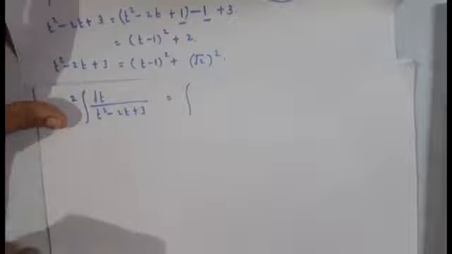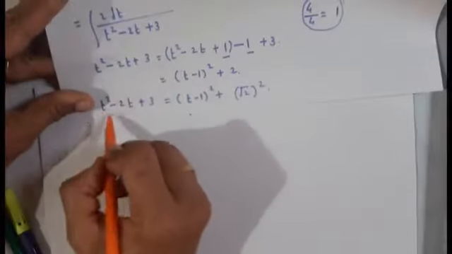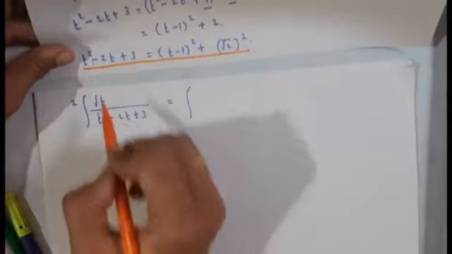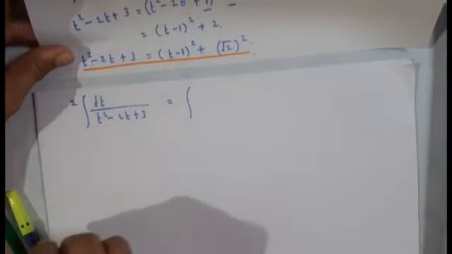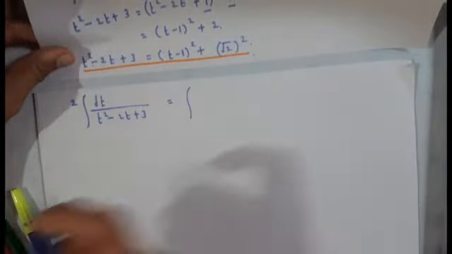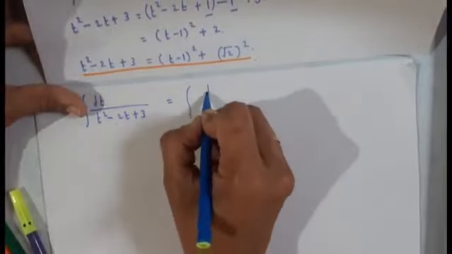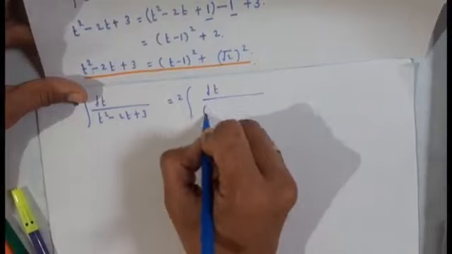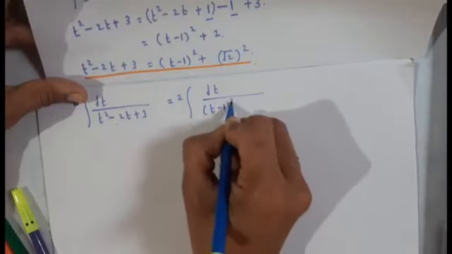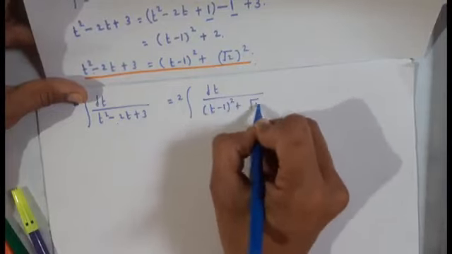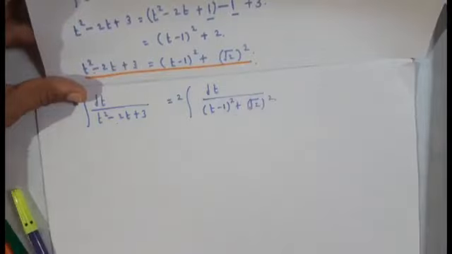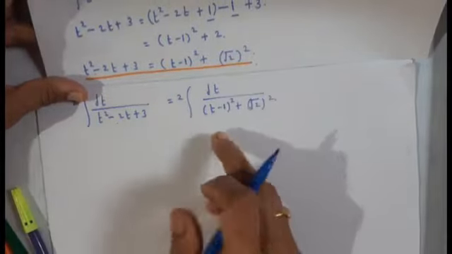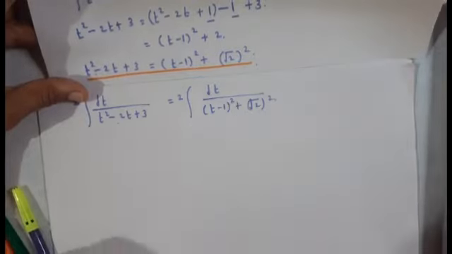We can adjust the term like this. Okay students, in this way we have adjusted. Now instead of writing this, write this way. And therefore this is equal to this 2 as a constant, that is 1 upon t minus 1 whole square plus root 2 whole square. Okay student, and this is of the form x square plus a square.